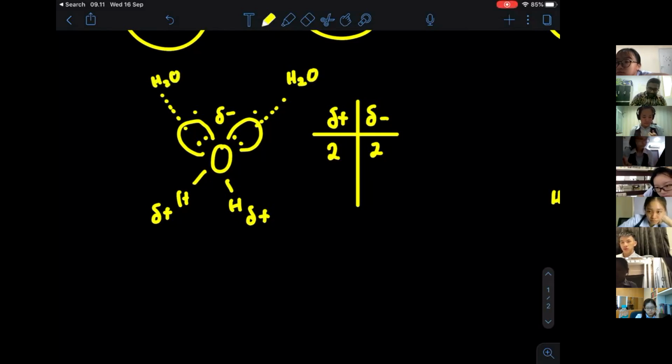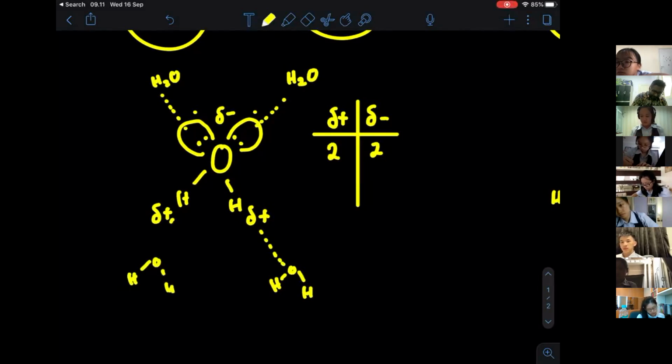And this one is able to bond with H2O, with this O. And same, if you have another H2O, they can be bonded. It means that all the parts of this water can take part in bonding. But let's look at how many hydrogen bonds they can form per one molecule.